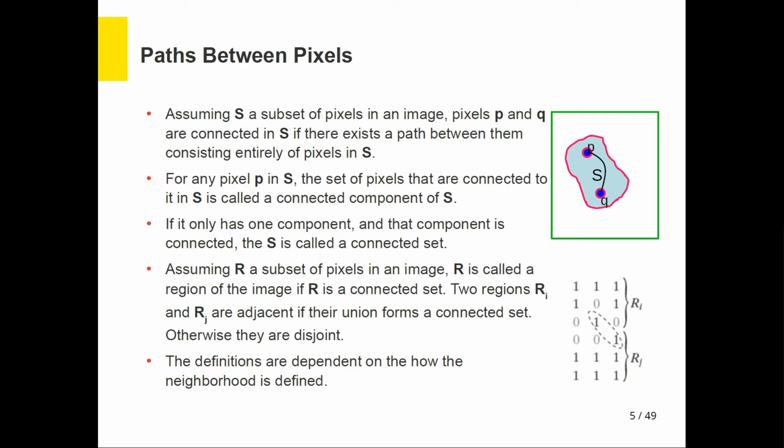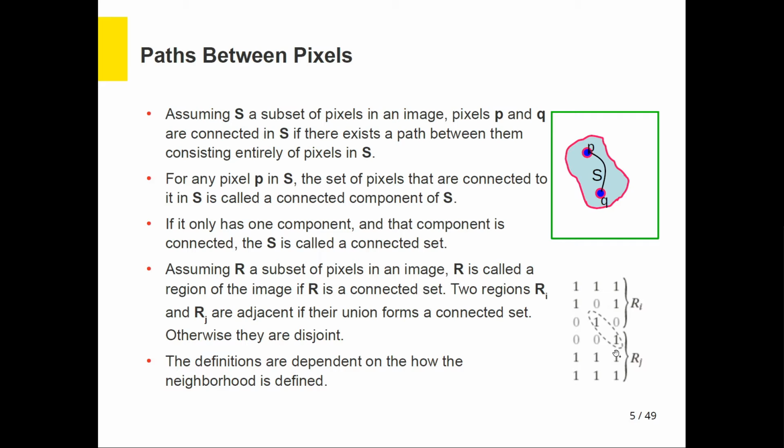And as before, the definitions are dependent on how the neighborhood is defined. So whether we are using a 4 connected neighborhood or 8 connected neighborhood, we can have regions that are adjacent or disjoint. So you can see one example here. We have region I, which is basically the 3x3 matrix here, and we have region J, which is the 3x3 matrix underneath.